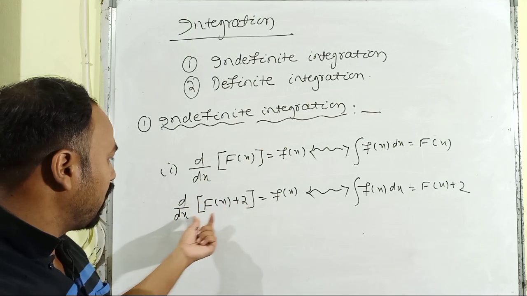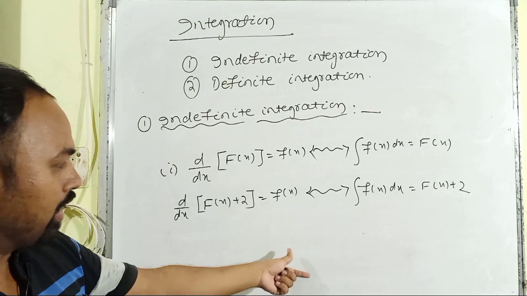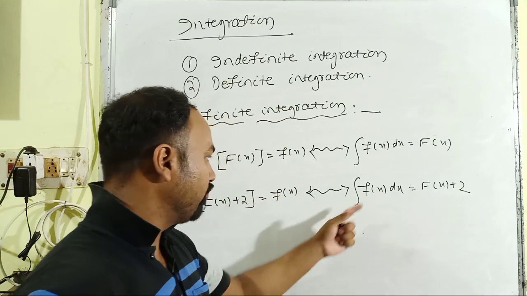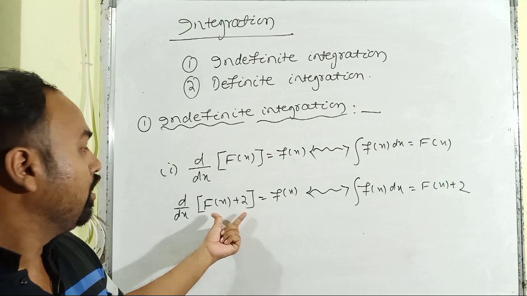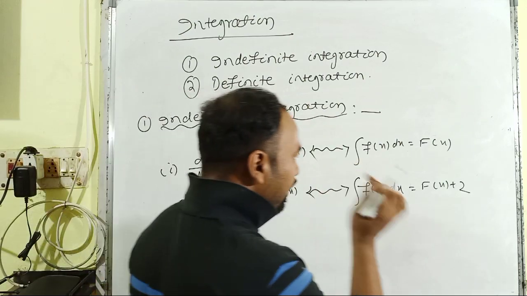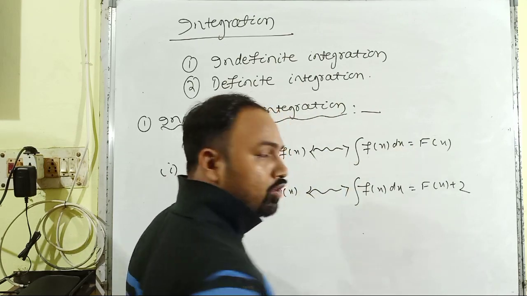So the differentiation of capital F of x plus 2 is again small f of x, and as we have proved here, by reversing the condition we have the integral of small f of x with respect to x giving capital F of x plus 2. That means we are getting two different values for the integral of f of x with respect to x.